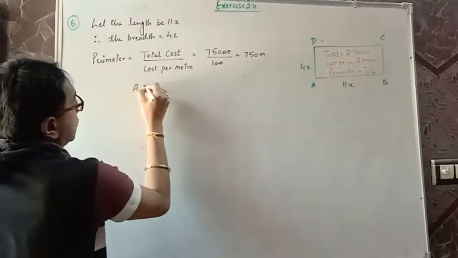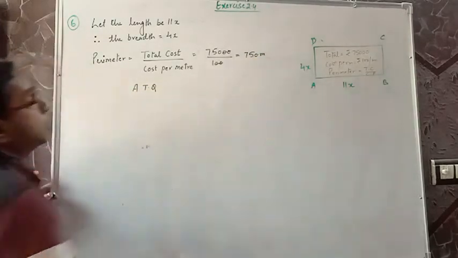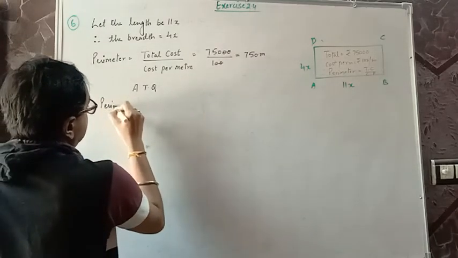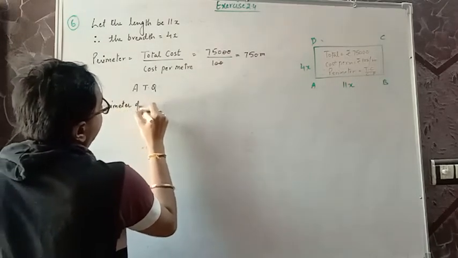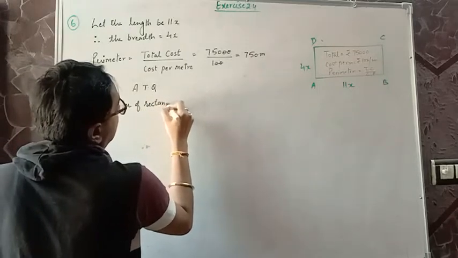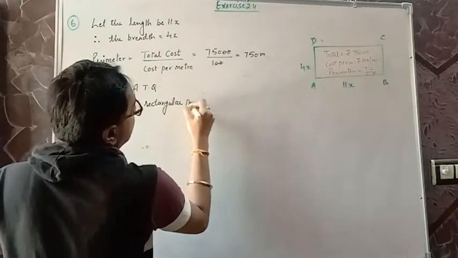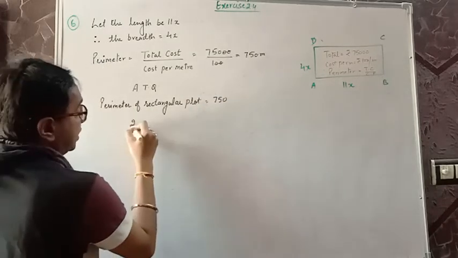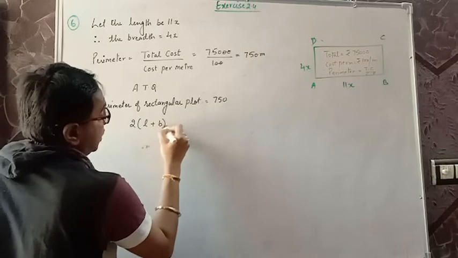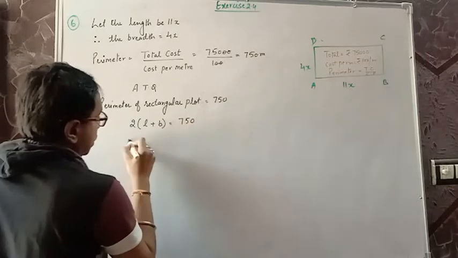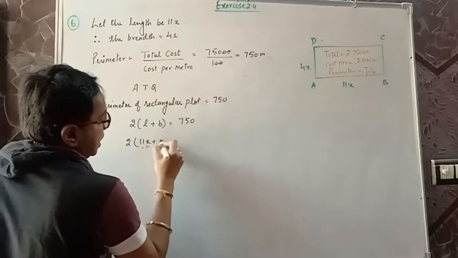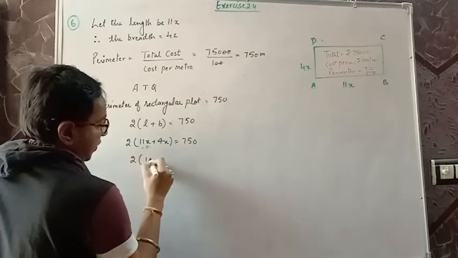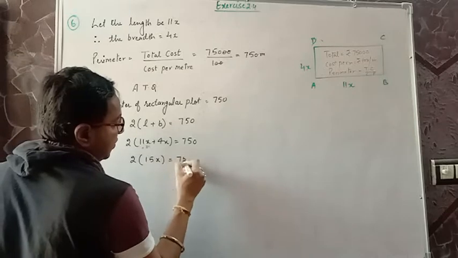Now, according to the question, the perimeter is given to us, and length and breadth we have, so we can apply the formula. Perimeter of the rectangular plot is equal to what is given, 750. What is the formula of perimeter of a rectangle? It's 2 times (length plus breadth). 750 = 2(11x + 4x), 2(15x) = 750.